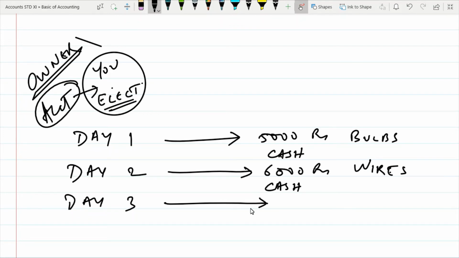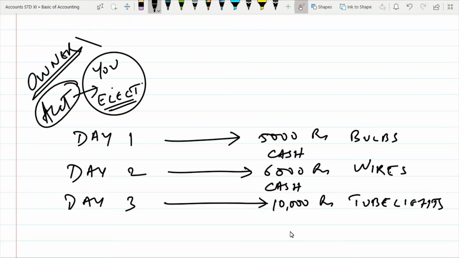So what you do is you have sold goods worth rupees 10,000, but you have sold it on credit. Or else it's like the person says, I will pay you. Say in this case, you have sold some tube lights, and this person says, I will pay you after 10 days or 1 month. So basically, you have sold it on credit.